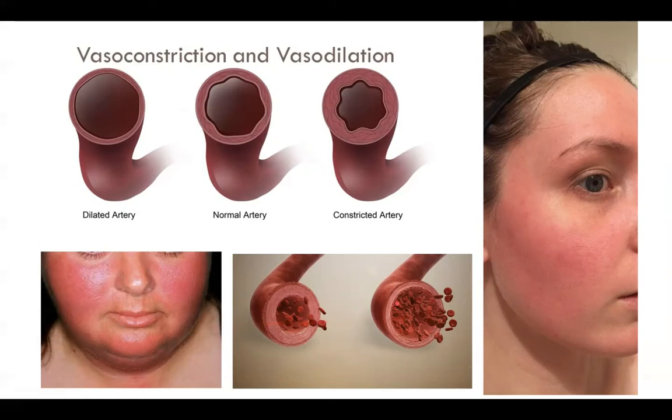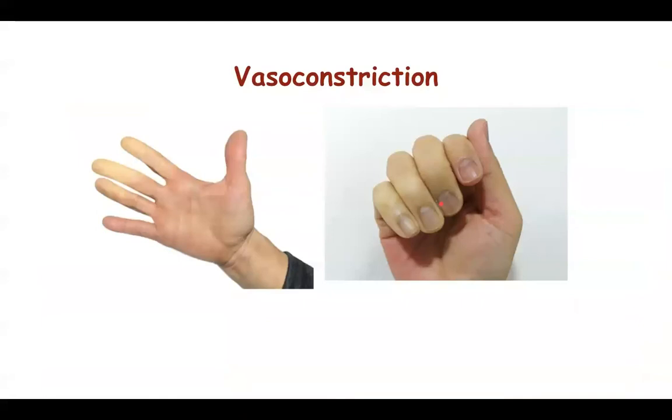So due to vasodilation, you can see the face gives a flushed appearance. This is there so that more heat is lost by convection and by radiation. On the other hand, vasoconstriction means reduced blood flow, which will draw more blood away from the surface of the skin and into deeper layers, which will give your body a pale appearance. This is done to conserve body heat.